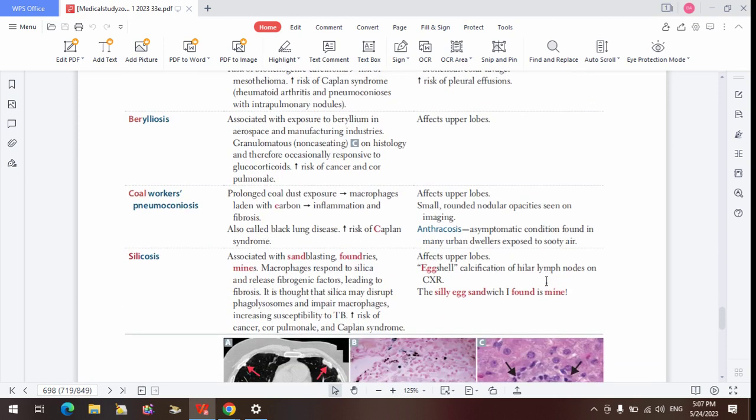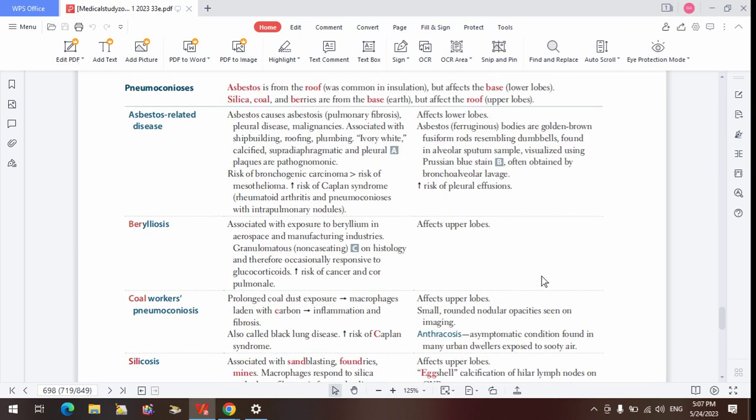Sorry, did you say that anthracosis is like the coal one, but it's not symptomatic? Yes, it's like the coal one that is not symptomatic. So you typically find that in people that are exposed to areas of air pollution. Maybe they burn things a lot in that area. It's not as if they are actually going coal mining.